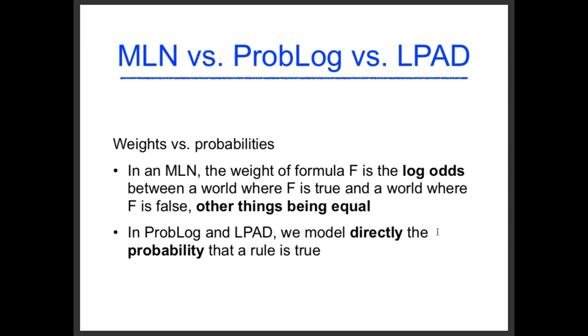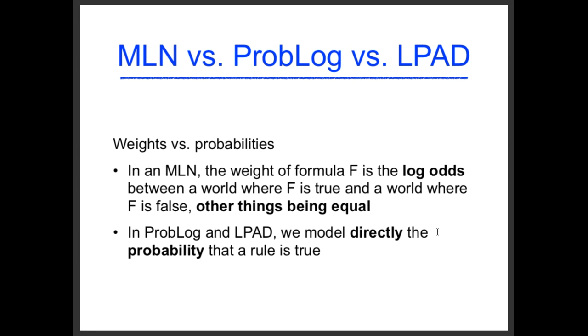It's hard to really interpret the absolute value of the number. So why is a rule weighted 1.2 instead of 3.4? And the relation between these weights is important, not just their absolute number. While in ProbLog and LPAD and other languages, you directly see the probabilities, right?